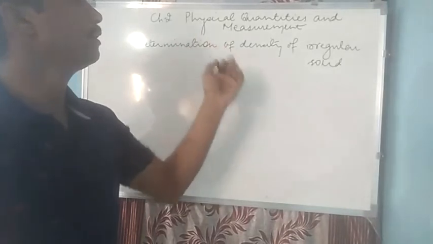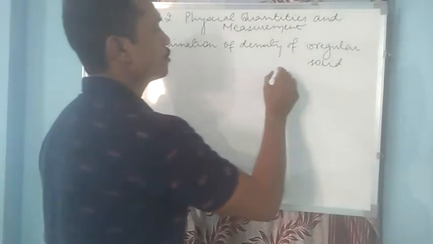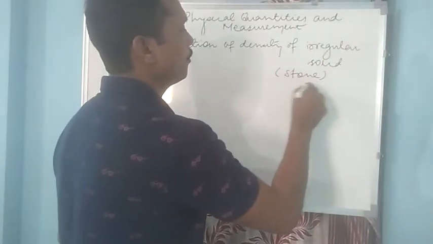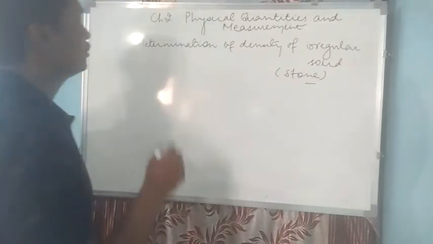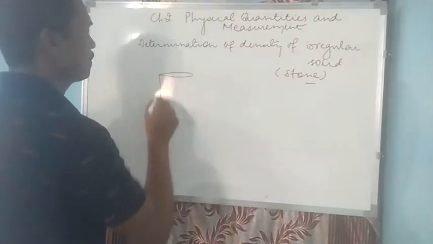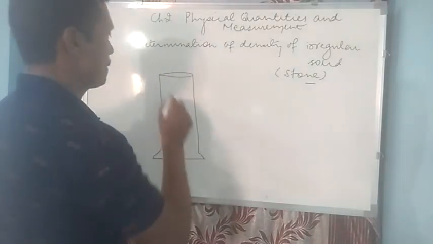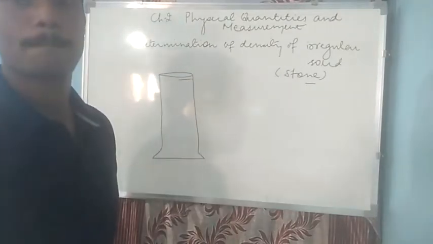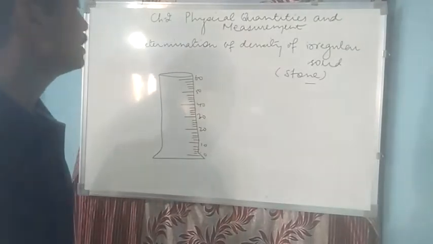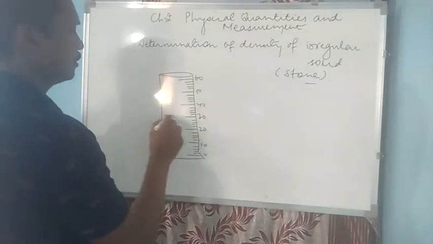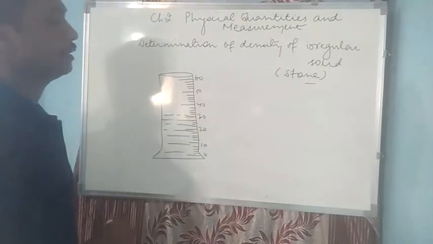Suppose we want to determine the density of an irregular solid, say the irregular solid is a stone here, and we want to find out the density of this stone. So what we have to do, first take a measuring cylinder, so you can see I have taken a measuring cylinder. Now fill this cylinder with water. Say I have taken water up to 30 milliliter.